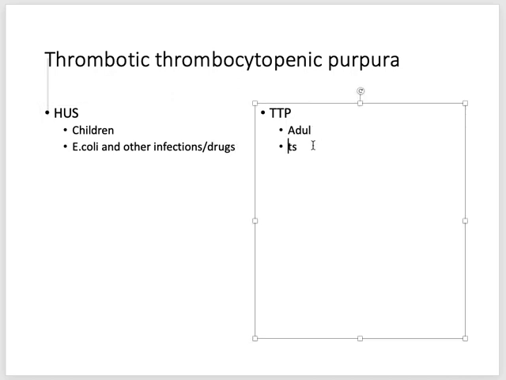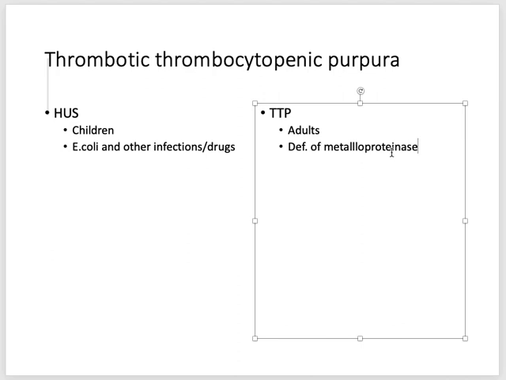TTP is basically a deficiency of metalloproteinase. Now what is this metalloproteinase?